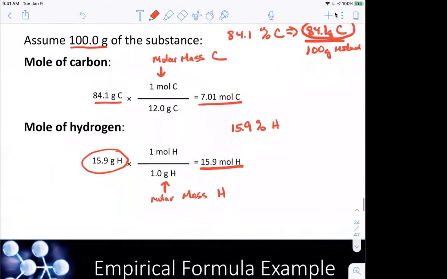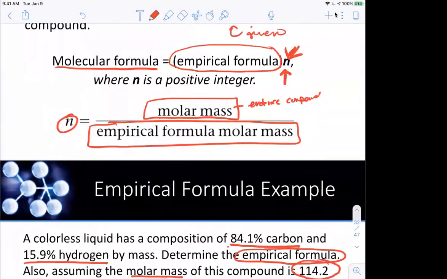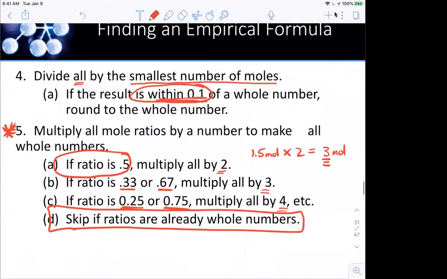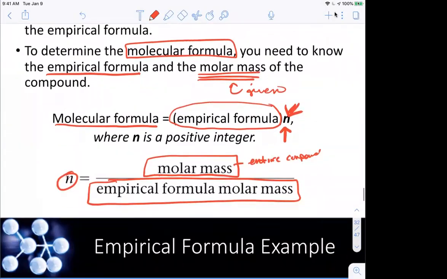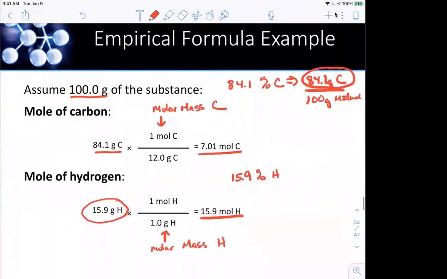I'm going to scroll back up. Hope I don't give you a headache. Remember, if I have a ratio that ended in 0.25, I'm going to multiply by 4. That's where I am in this problem.